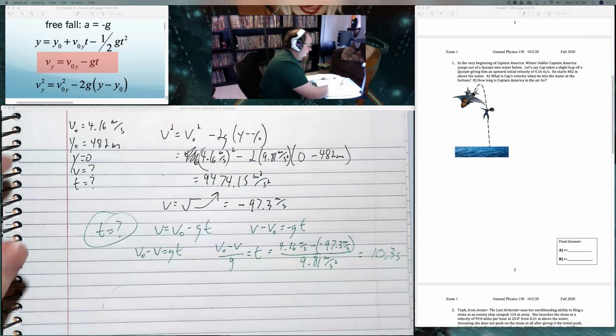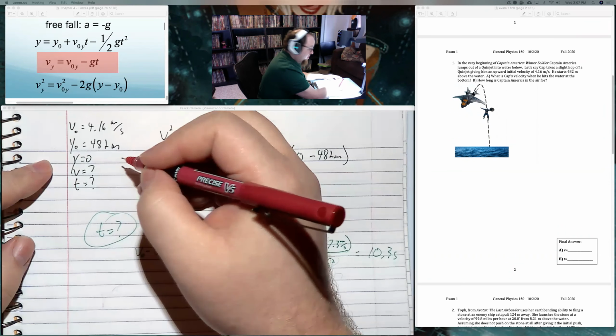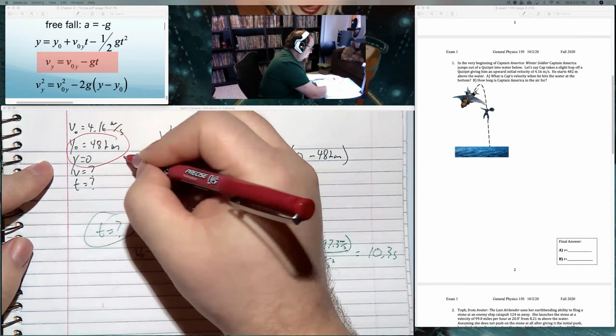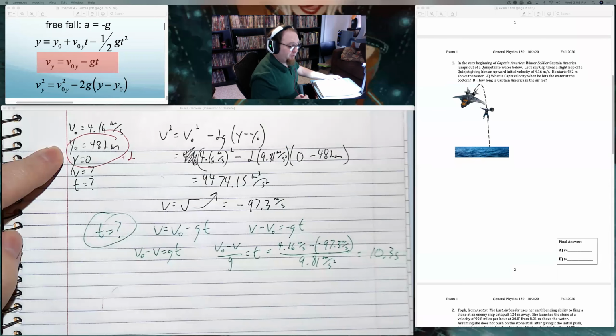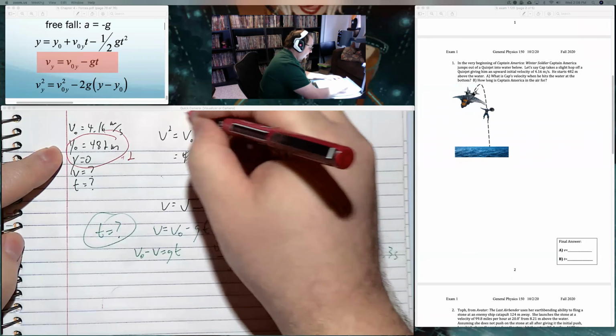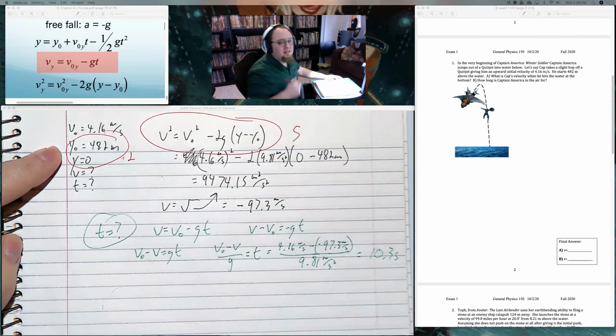The points I gave last time were 2 points just for realizing he started above the 0 point. I gave 5 points just for writing this equation down, not using it, just writing it down.